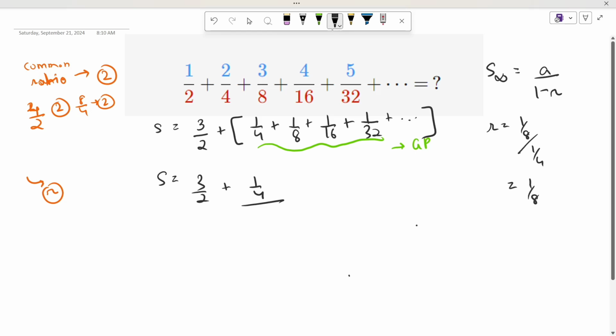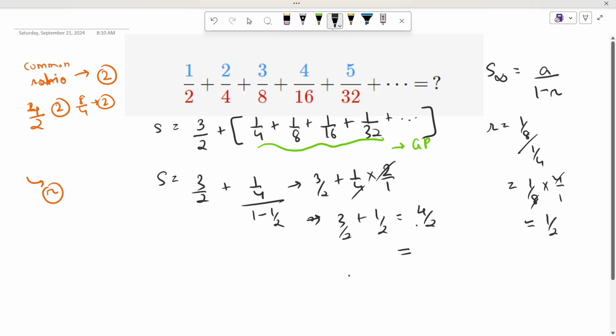That would be 1 upon 8 into 4 upon 1, that would be 1 by 2. So 1 minus 1 by 2. This would be 3 by 2 plus 1 by 4 into 2 by 1, or we get 3 by 2 plus 1 by 2, or 3 plus 1 is 4 upon 2, or we get 2 as the answer. So the answer for this question is nothing but 2.